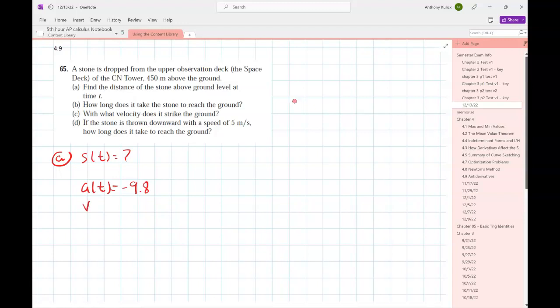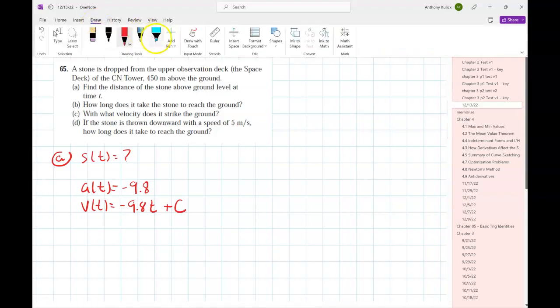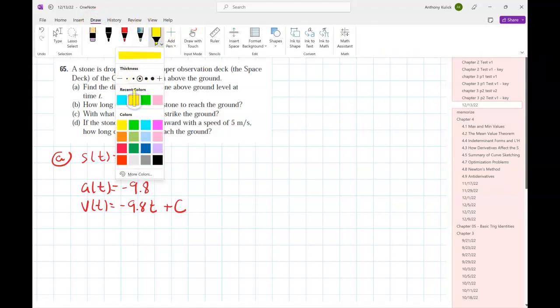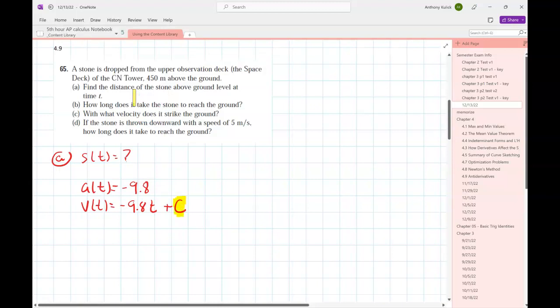So the first antiderivative of acceleration is velocity. Maybe we should say v of t equals, yeah, we'll just do that. So this just becomes negative 9.8 t plus c. Now we have to figure out what this constant is. In the problem, we've been given enough information to tell what this constant is.